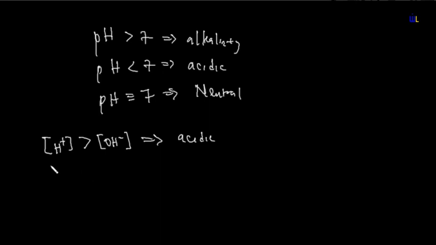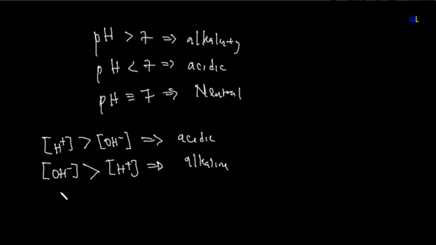Good. On the other hand, if the concentration of hydroxide ion, which is what makes it a base, is greater than the concentration of hydrogen ion, what do you think it will become? Alkaline.